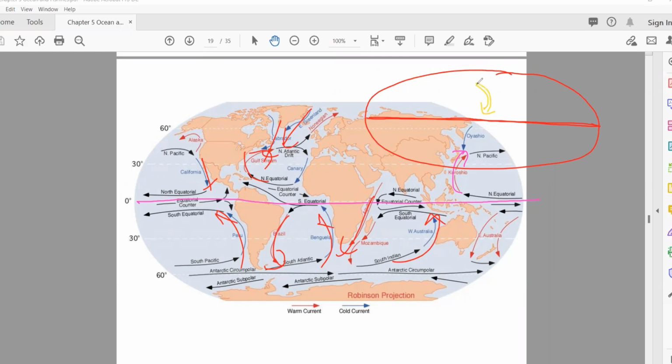This one. Cold. Why? Because it's moving towards the equator. Understand now? If in the exam they do not mention the colors, from the direction can you tell which type of current this is? Easy?